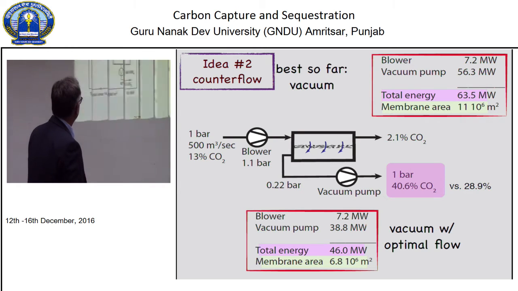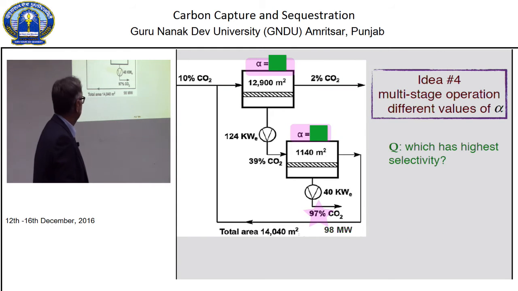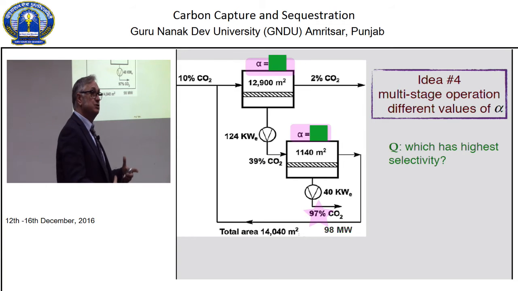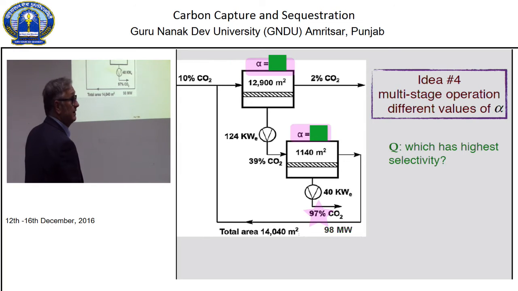Very impressive. Okay, what else did Richard Baker and his colleagues decide to do? What they said is, rather than do this with one membrane, let's do it in 2 stages. And in one stage, I'll have a huge flow rate, and I have to process a lot of gas. And I'll make the selectivity of that membrane for CO2 less than optimal.